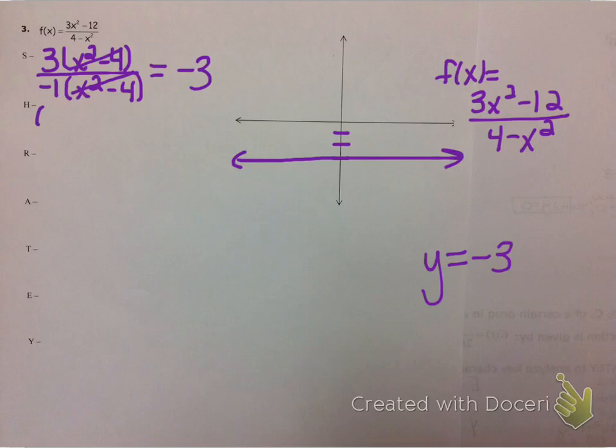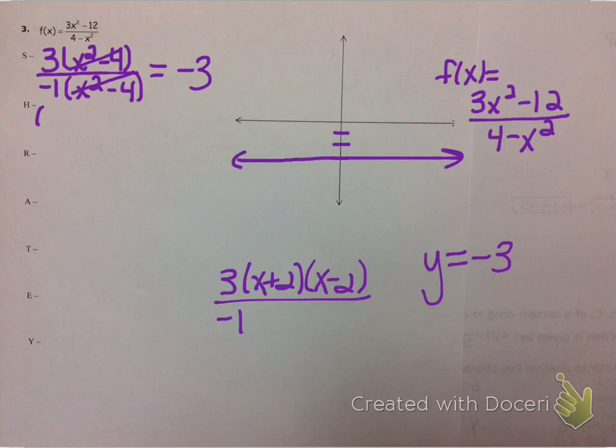Now I can either factor the part of the equation that I had canceled out so that you can see where the actual holes go, or we can just solve it. X squared minus 4 would have factored as (x plus 2)(x minus 2). And so those canceled and those canceled. That's why the whole quadratic canceled.